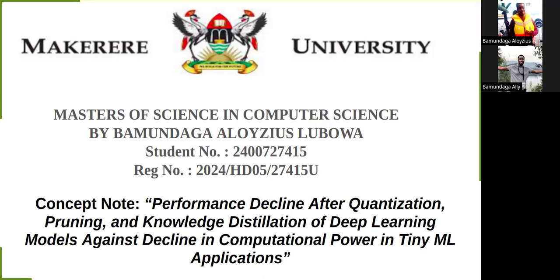The least important connections are eliminated from the neural network. Then the model is compressed, or shrunk, as the terminology goes. Then we also have knowledge distillation. These are the main keywords in this work.